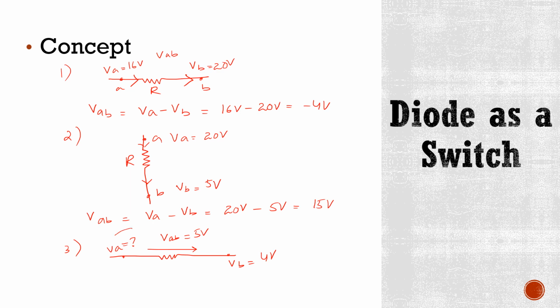So how are you going to find this VA? You just have to rearrange this equation for VA. So here VA will be VAB plus VB is equal to 5 volts plus 4 volts is equal to 9 volts. So this is how you are going to find voltages for conditions like this.